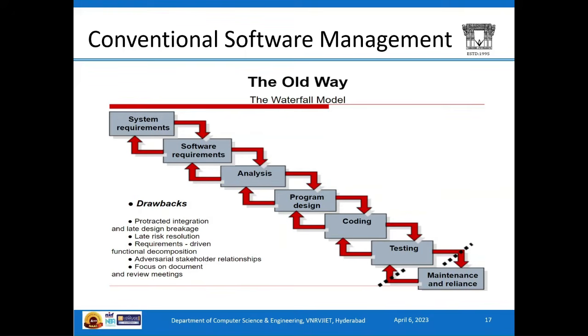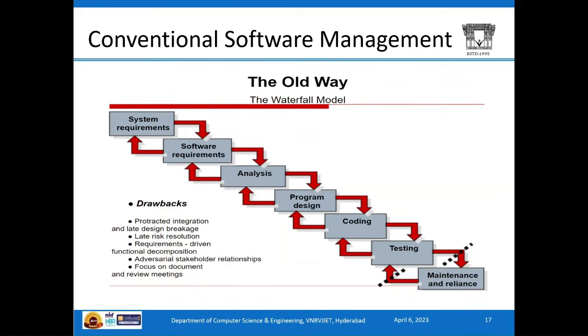By including all these steps, we have a waterfall model where initially we gather all the system requirements and software requirements, and then we design the program, and then coding is performed and it is tested, and the final product is maintained.